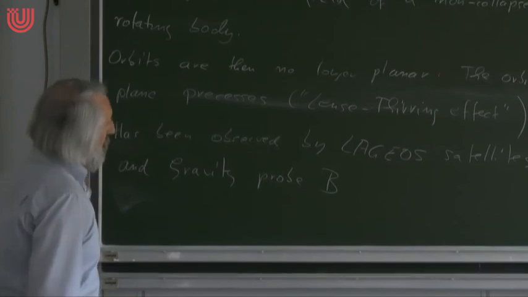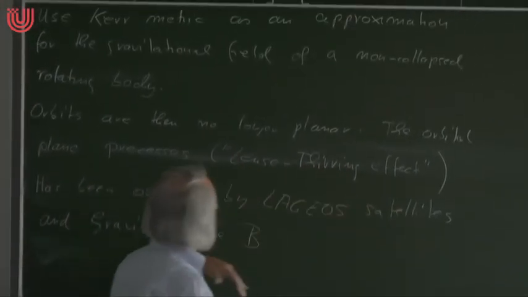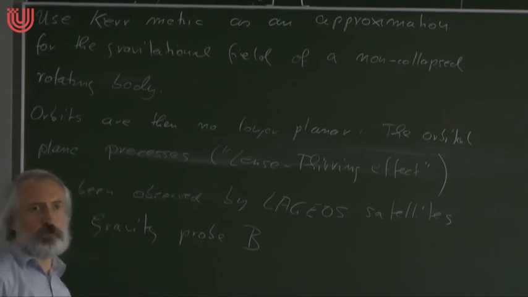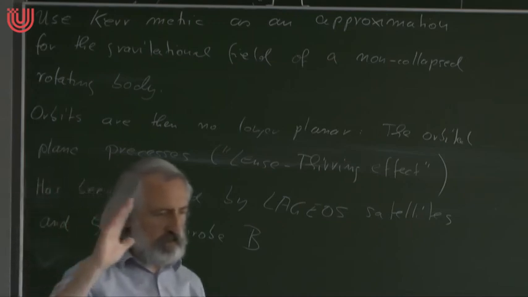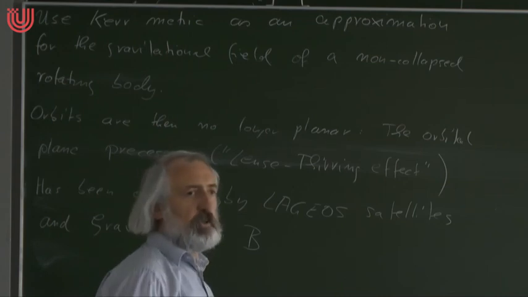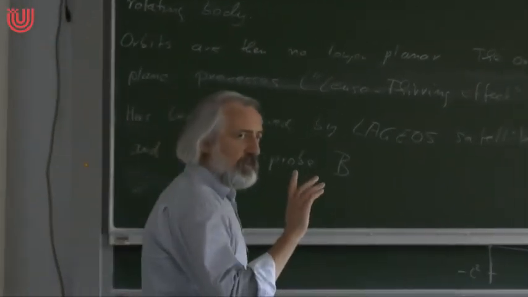experiment. Actually, the name Lense-Thirring effect is sometimes used as a general word for all effects which are produced by the rotation of the central object. So for instance, it drags the orbital plane. That's the traditional Lense-Thirring effect, which was actually discussed in the work by Lense and Thirring. But there's also an effect on the spin.